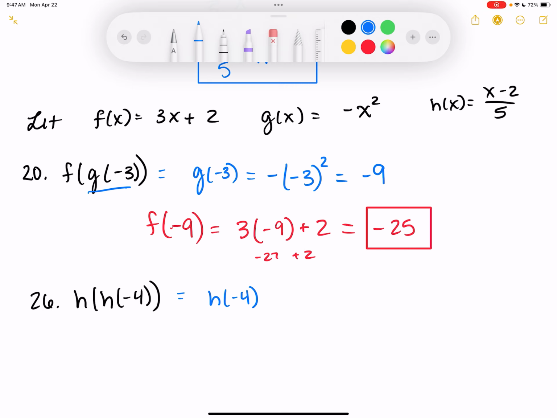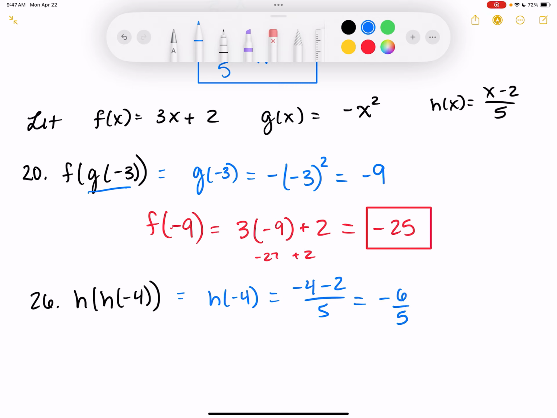So this is going to be negative 4 minus 2 over 5, and what does that give me? Negative 6 over 5.